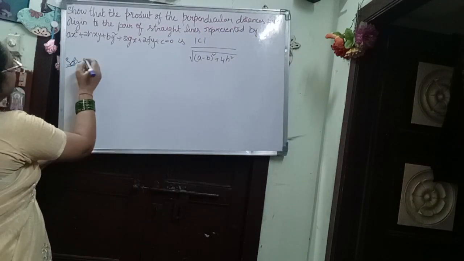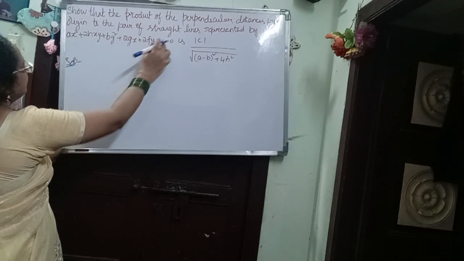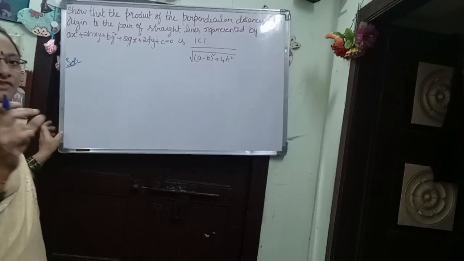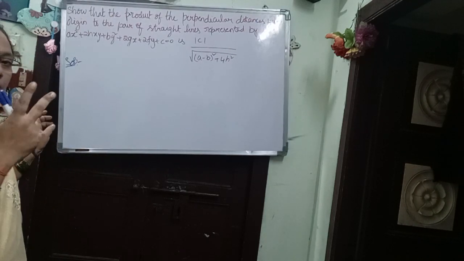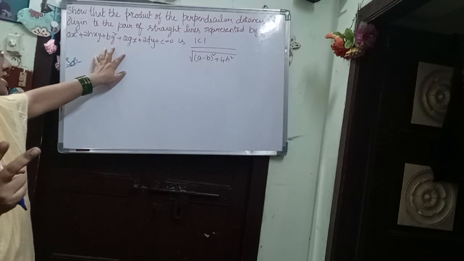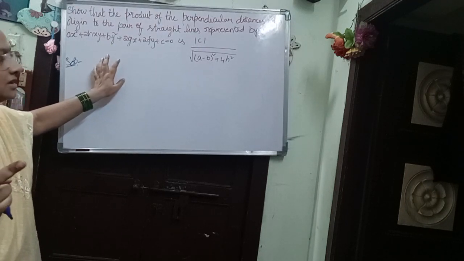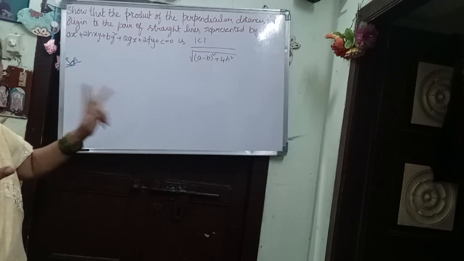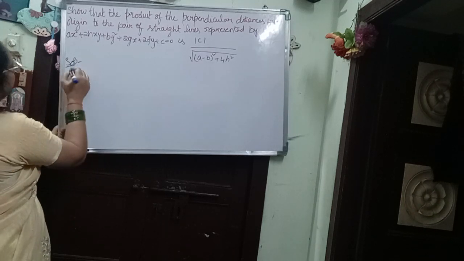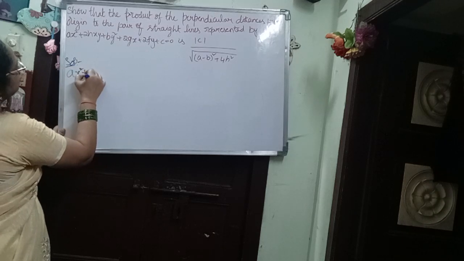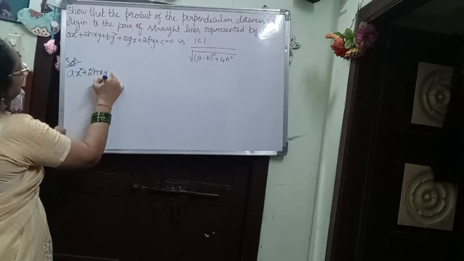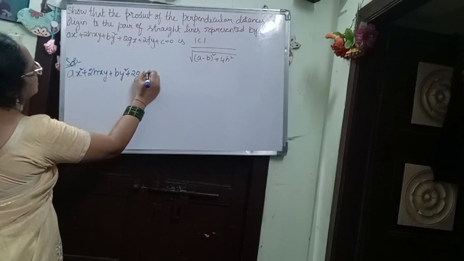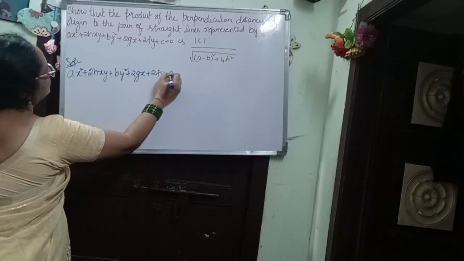Let us see that. So this is the equation of two straight lines. This can be denoted as two separate straight lines, right? So this can be written as ax square plus 2hxy plus by square plus 2gx plus 2fy plus c equals to 0.